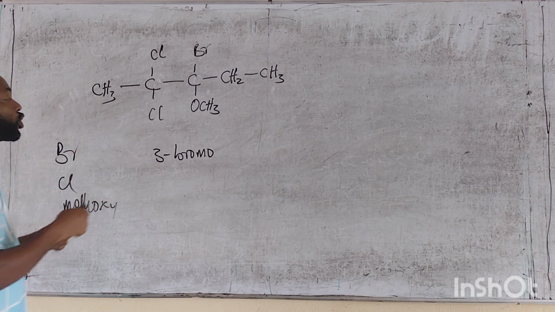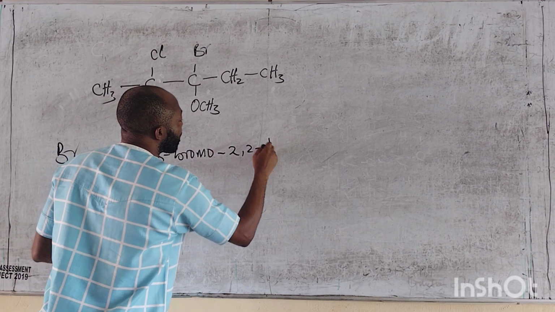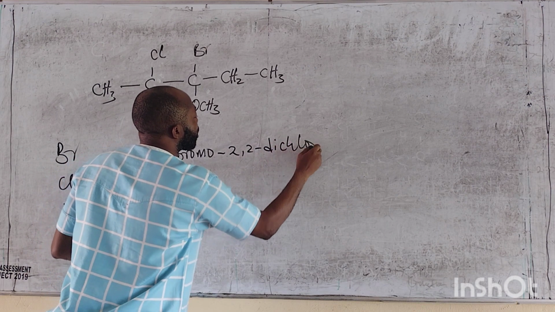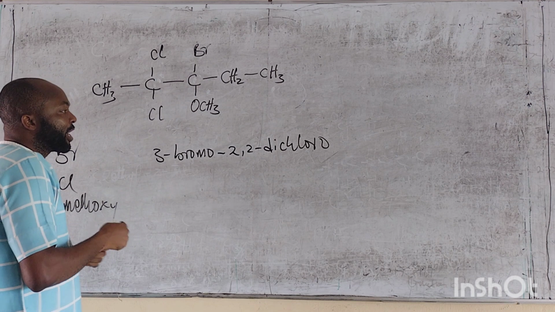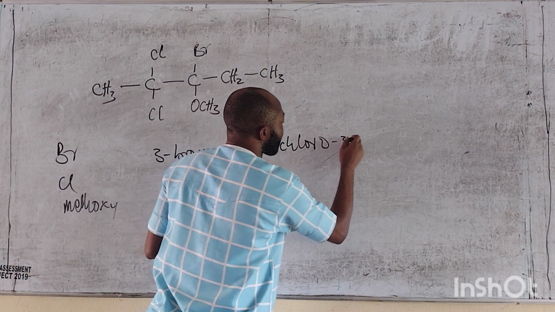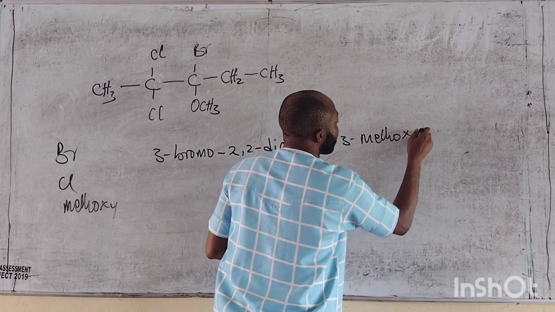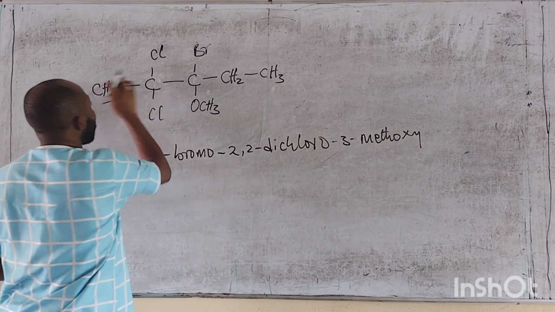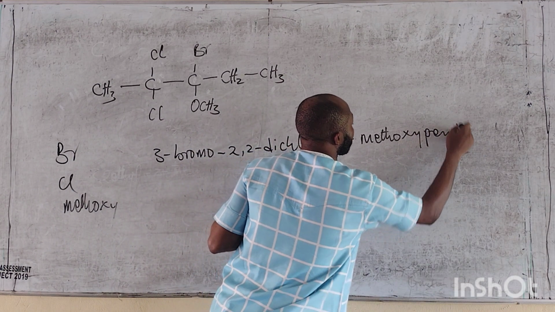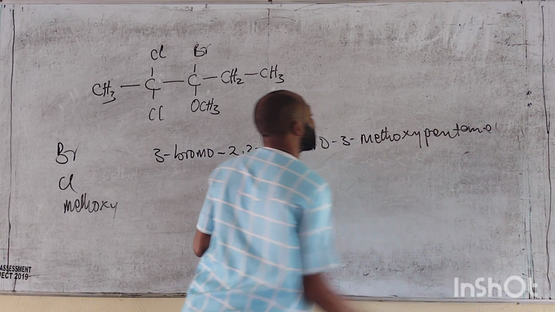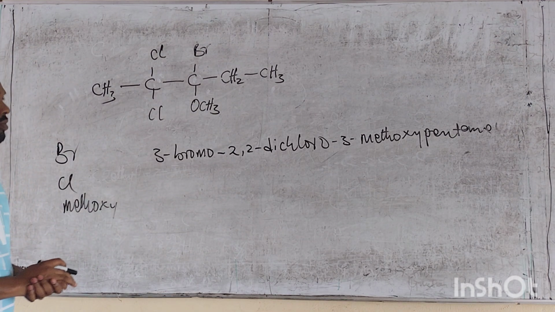So that becomes 2,2-dichloro, 3-methoxy, 1, 2, 3, 4, 5, pentane. So that becomes the numbering.